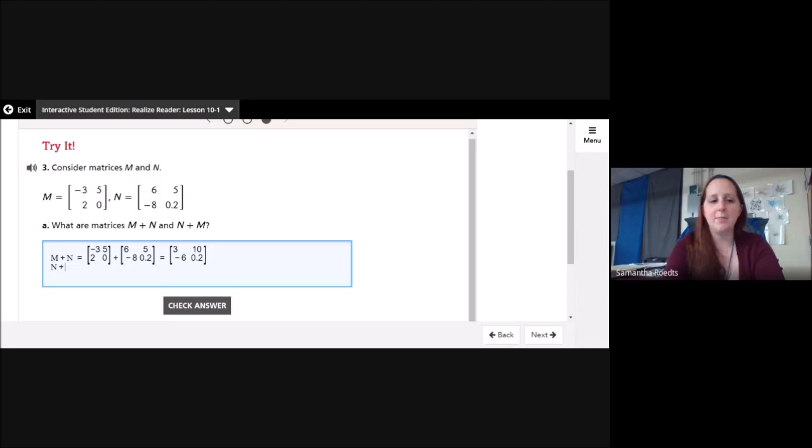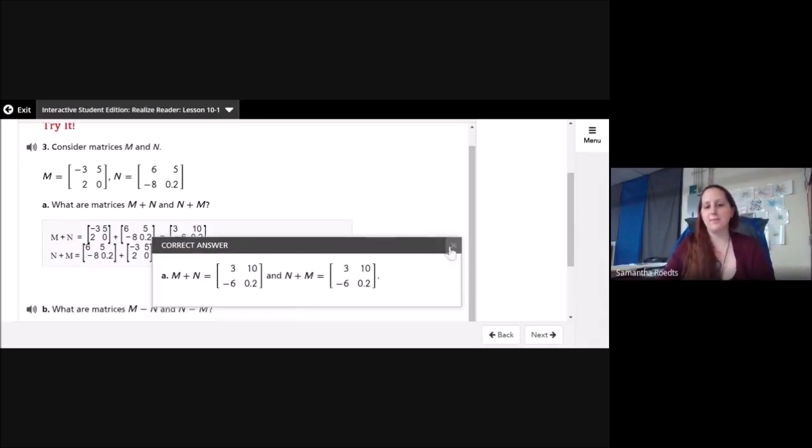And then I can do N plus M, which is 6, 5, -8 plus the M matrix, -3, 5, 2, 0. Okay, and I'm going to get 3, 10, -6. Doesn't actually change anything.